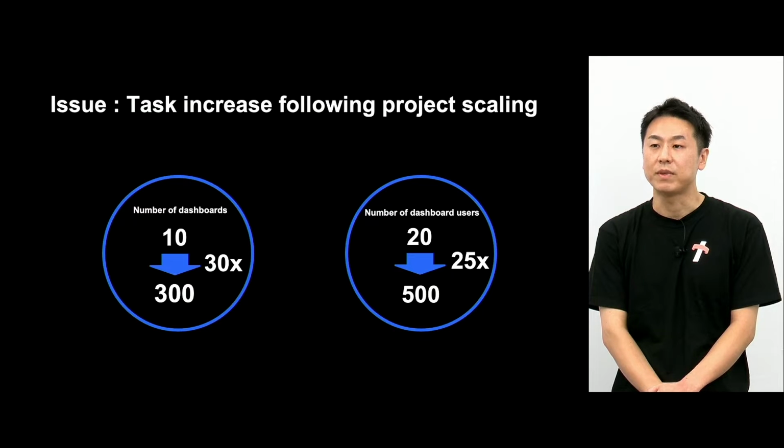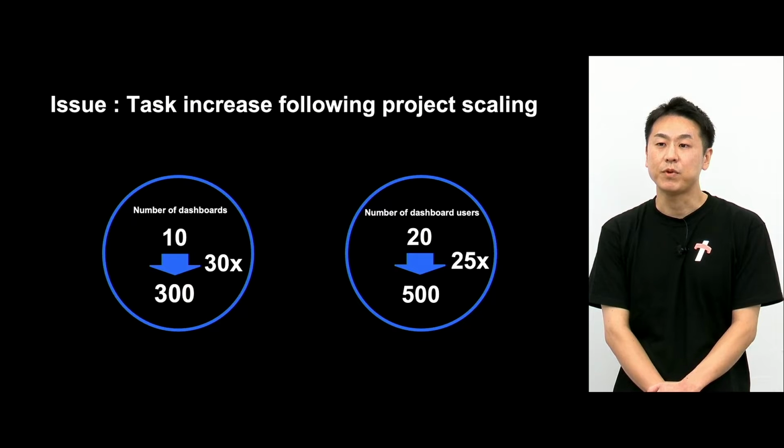The last change of scale we will introduce is the increase in overall task volume. As is the case with the management of dashboard permissions mentioned earlier, as the number of dashboards provided and the number of users increases, the number of additional tasks will gradually increase. And here too, if you have managed dashboards, you will understand how easily it increases.